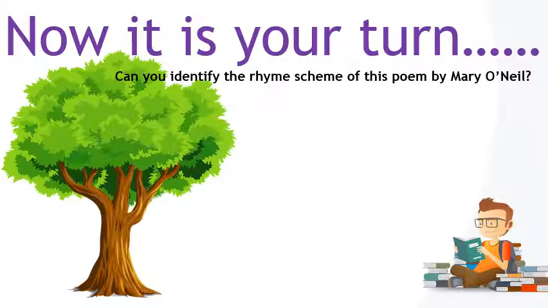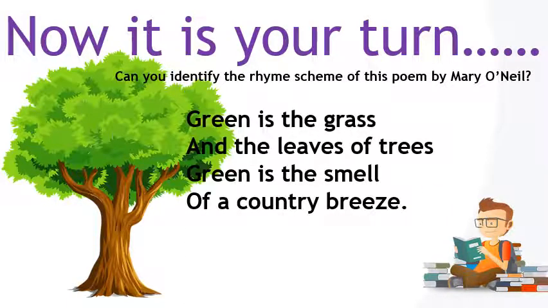Okay, now it's your turn. Can you identify the rhyme scheme of this poem by Mary O'Neill? Green is the grass and the leaves of trees. Green is the smell of a country breeze. Okay, so let's see if you can figure it out. Grass and trees? No, not really. So it's A and B. Grass and smell? Trees and smell?